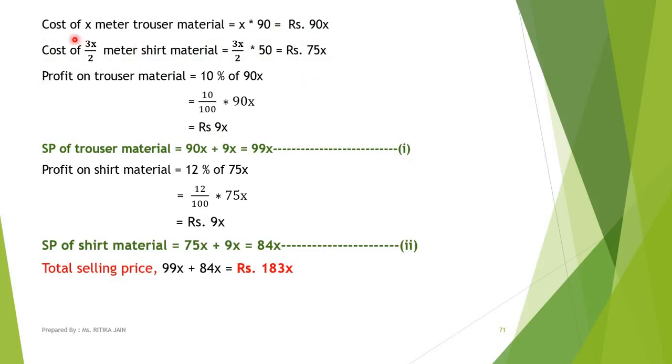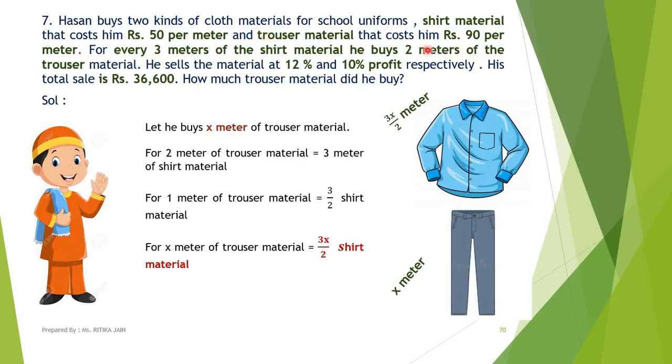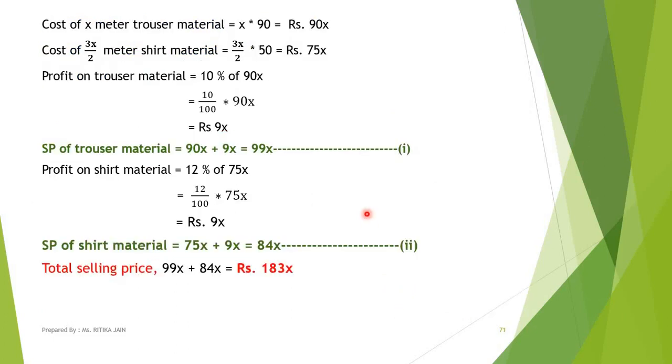So the cost of X meter trouser material will be X into 90, because it is given in the question that the cost of trouser material is 90 rupees per meter. So if he buys X meter of trouser material, how much amount he has to pay? X into 90 means rupees 90x.